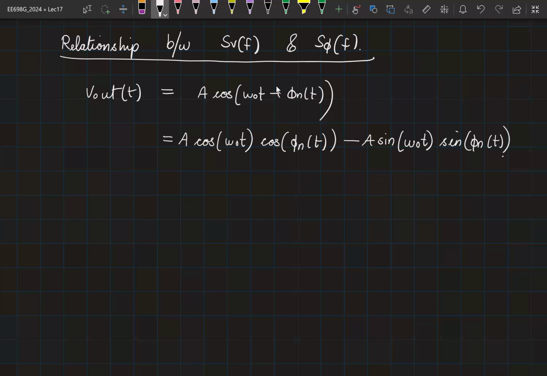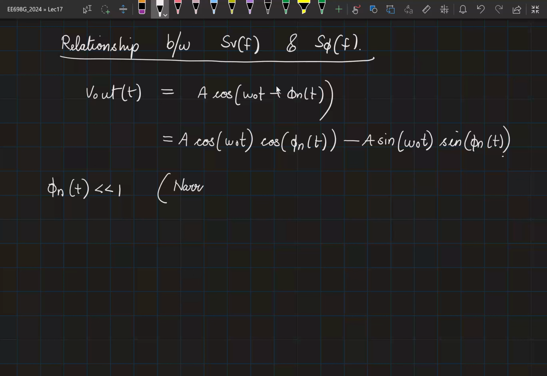Now we are going to make an approximation. We are going to assume that phi n of t is a very, very small number, much, much smaller than 1. And this approximation is called the small angle approximation. But from communication systems, have you seen this being made? The narrowband FM approximation.